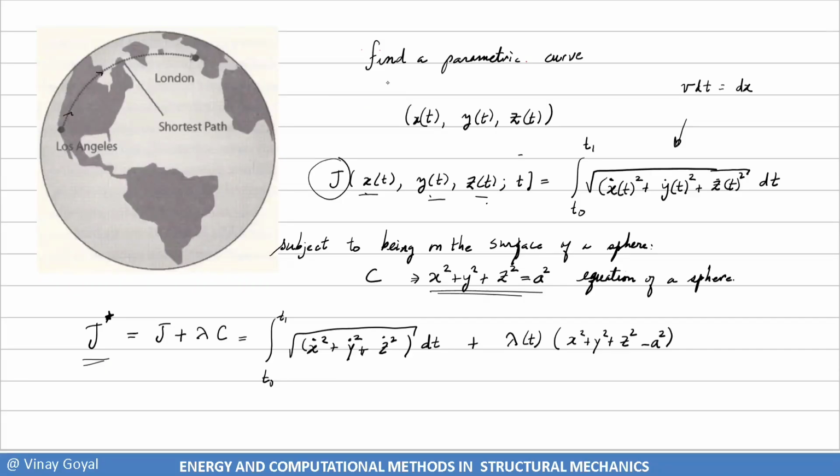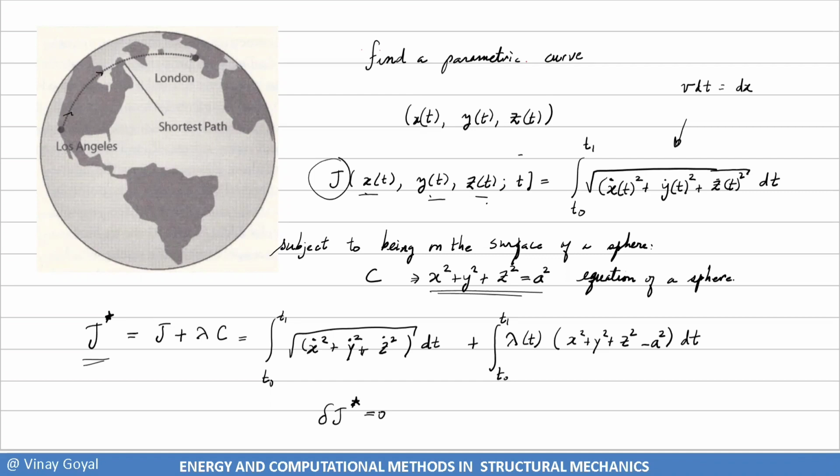One thing that's convenient is to put this into the integral, and it doesn't hurt. And that makes things a little bit easier down the road. This is totally acceptable. We can do that, no problem. And so what I'm going to do now is render the functional j star stationary.